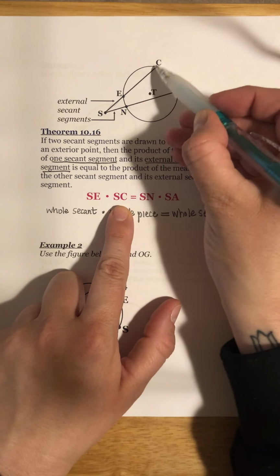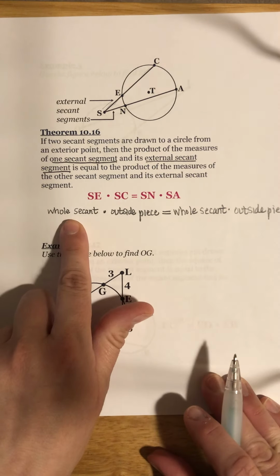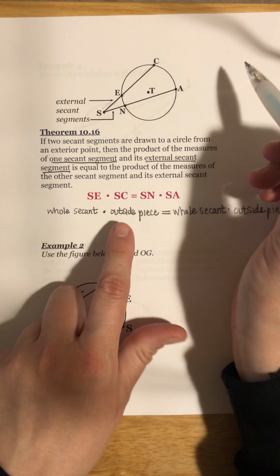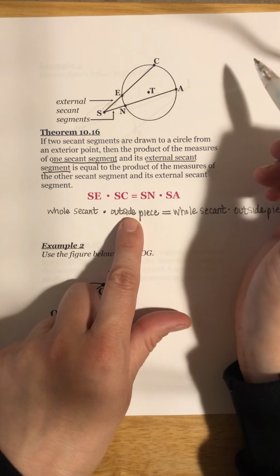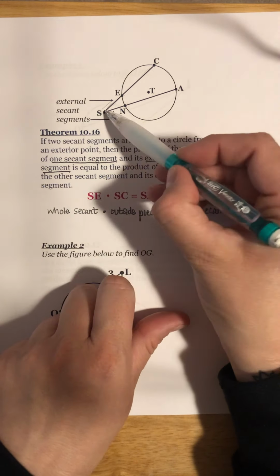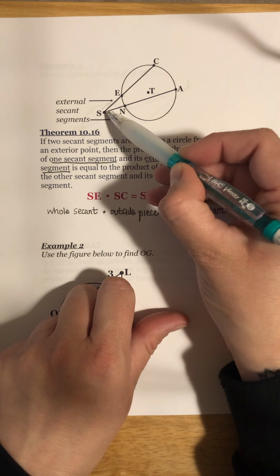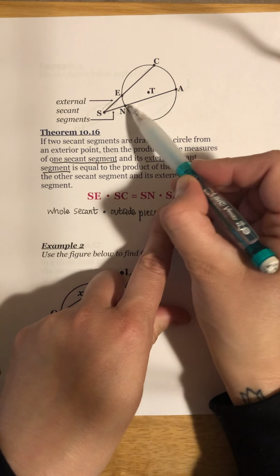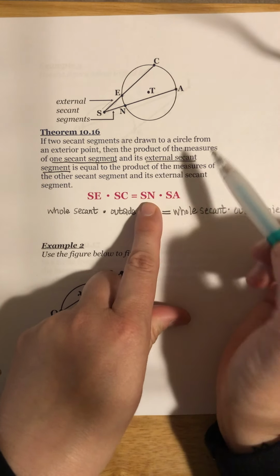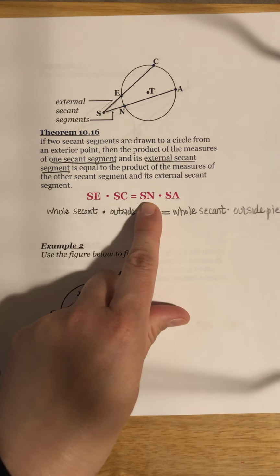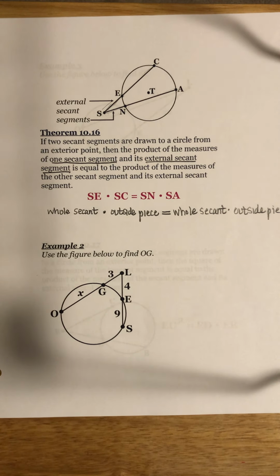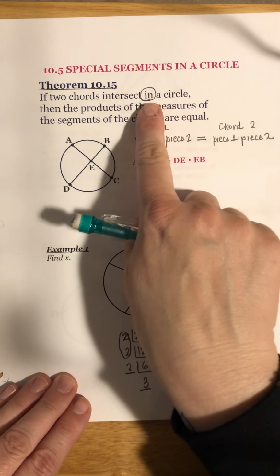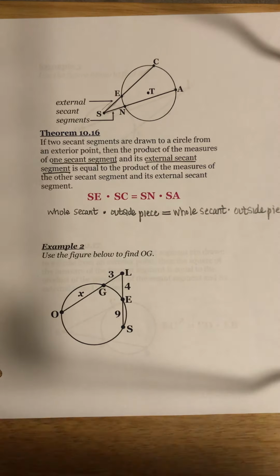SC, that's the whole secant, and then it's multiplied times SE, which is the outside piece. So whole times the outside. Same thing happens over here. SA, that is the whole, times SN, that's the outside piece. So remember in the last one we just talked about, it says what happens if these intersect in the circle.